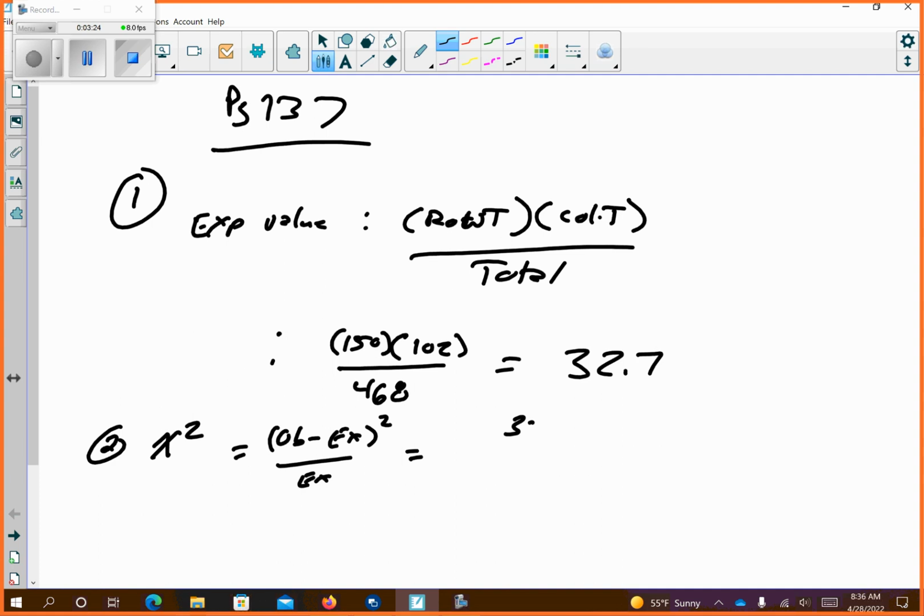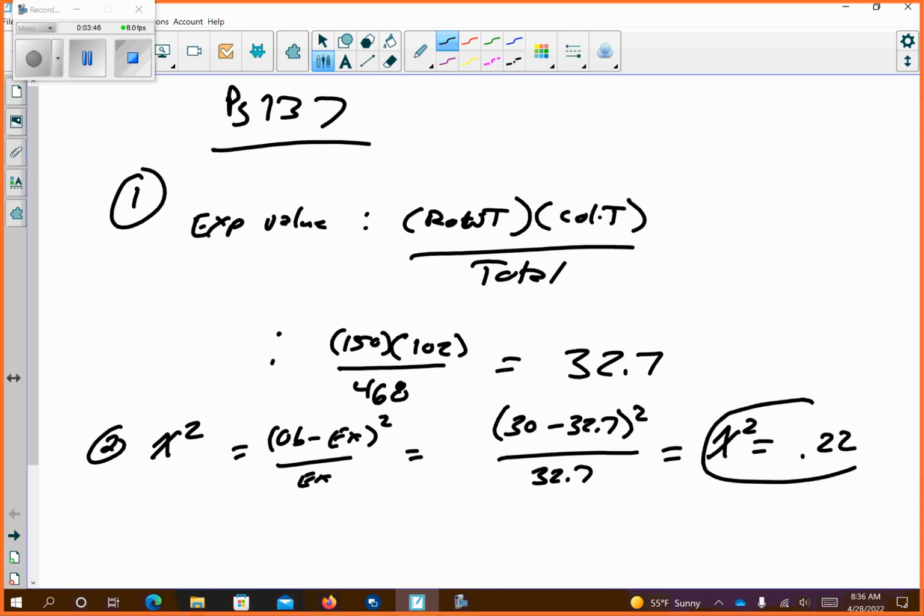So 30 minus 32.7, squared, over 32.7. So this comes out to our chi-squared being about 0.22. Okay. All right. So state the null and the alternative.